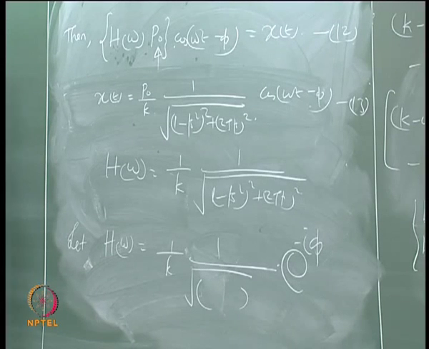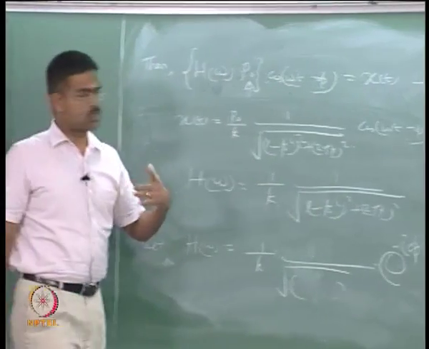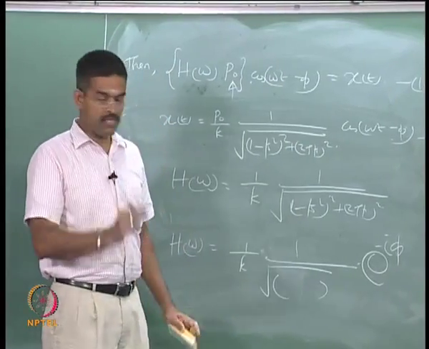Now one may wonder why I am using an exponential function here, okay. I can use cos, I can use sine, why am I using exponential? There are two explicit advantages of using this.